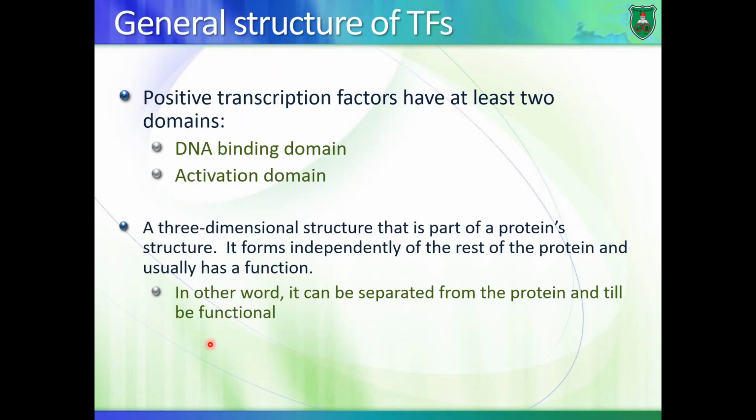So if we look at the structure of transcription factors, they have at least two domains. What do we mean by a domain? A domain is basically, you have a protein, and a protein would have a three-dimensional structure. Now, part of the protein would have its own three-dimensional structure. Now, this domain or this structure would form independently of the rest of the protein, and it usually has a function. What do I mean by it forms independently?